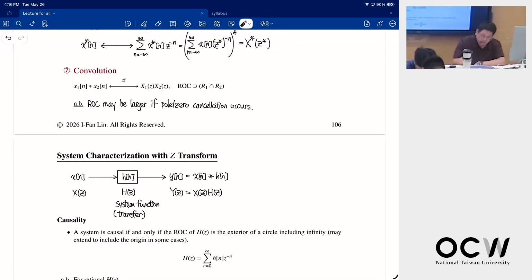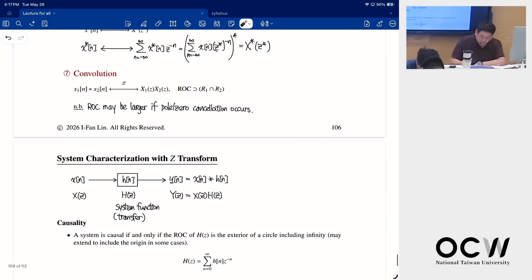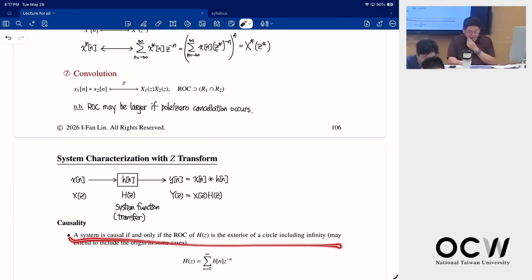First, for the system causality, a system is causal if and only if the region of convergence of the system function is the exterior of a circle, including infinity. And that may extend to include the origin in some cases. What does that mean?